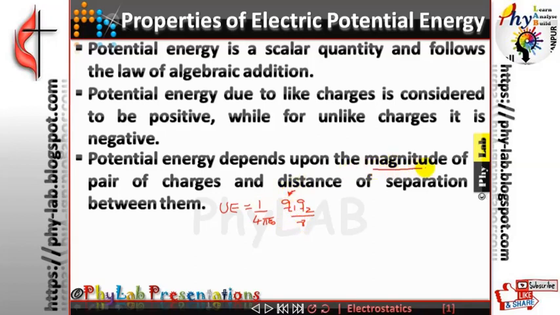Remember friends, again and again I am saying it depends upon the magnitude of charges Q1 Q2, and then the distance of separation between them. Please take care. Many times I have seen students committing mistakes. So it depends upon magnitude, it does not depend upon the nature, and then it depends upon the distance of separation.